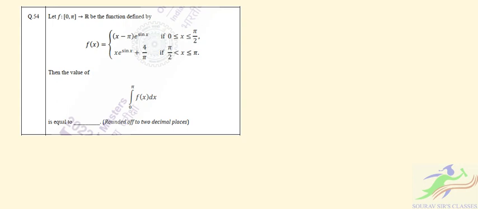So let's consider this equation in the range pi by 2 to pi. If we take this equation like this, I1 is equal to the integral from pi by 2 to pi of x e to the power sin x dx.